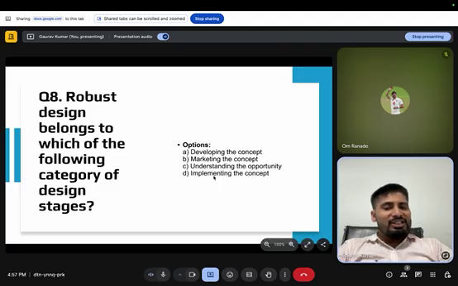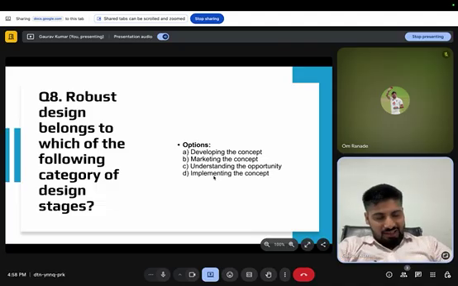So thus it ensures product consistency and durability in real world use. Options A and C correspond to the early exploratory stage focusing on problem identification and concept creation. Option B, marketing the concept, occurs after the technical implementation, making it unsuitable. So therefore only option D accurately represents robust design's operational context.